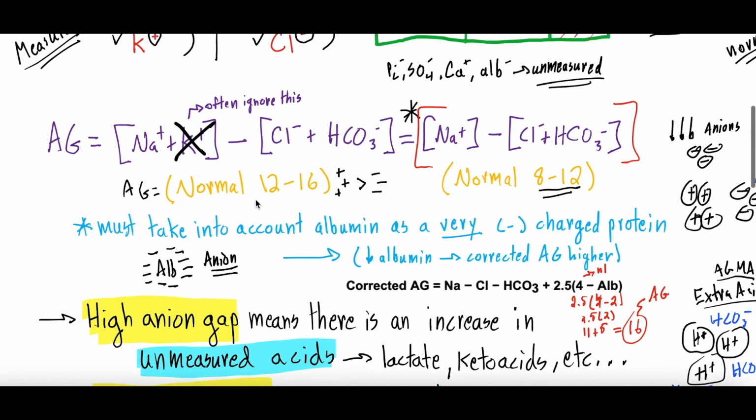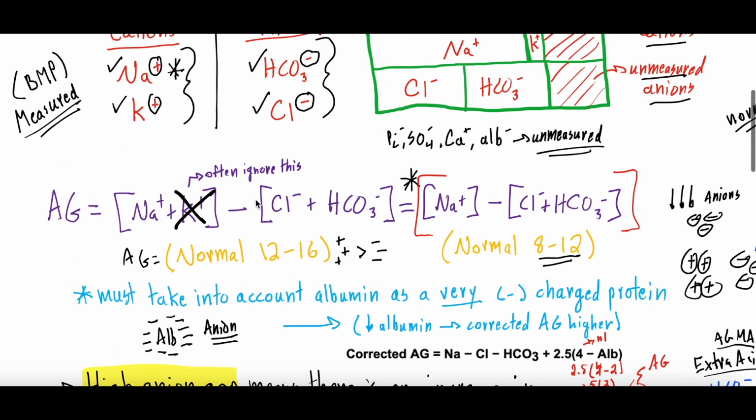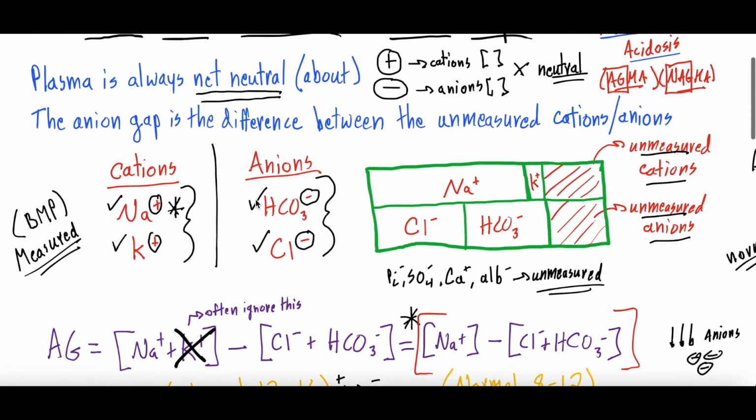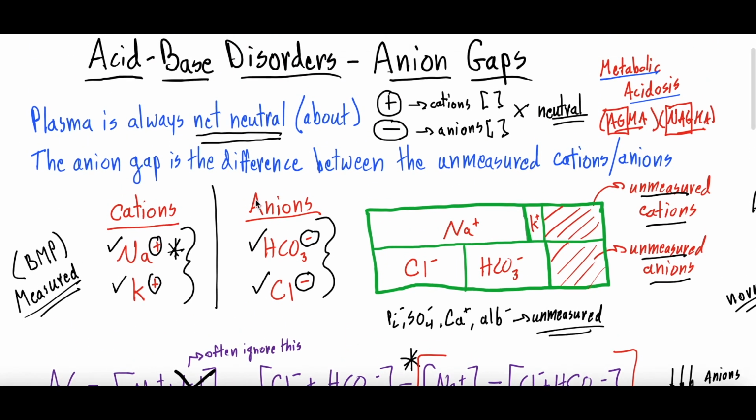Understand that it's just an equation, and that equation is imperfect, and we use its imperfections to our advantage. If more bicarbonate is being consumed, so the anion gap is higher, that tells us something. Whereas if bicarbonate is just being lost, then the chloride automatically increases, so the anion gap is still normal, and that tells us something as well.